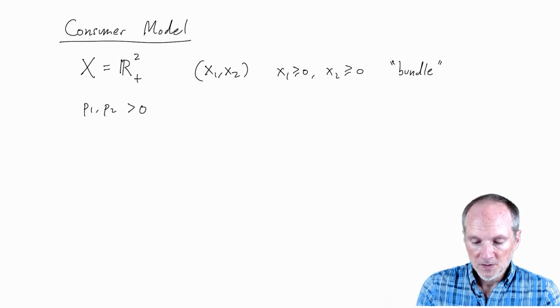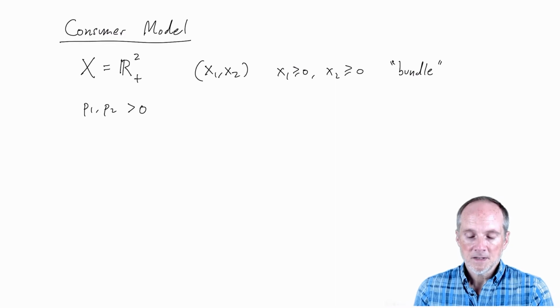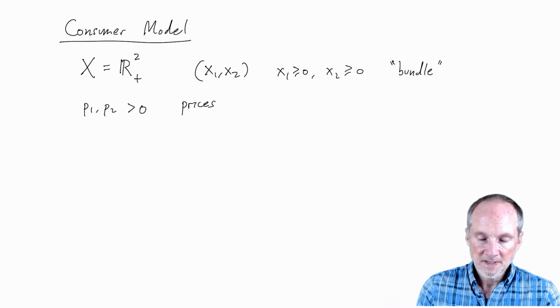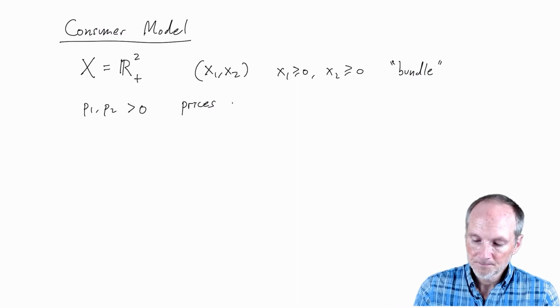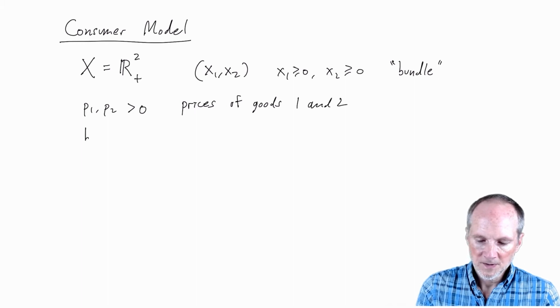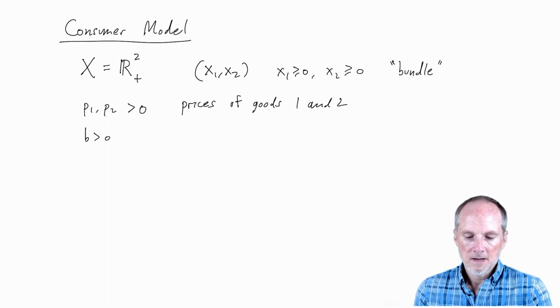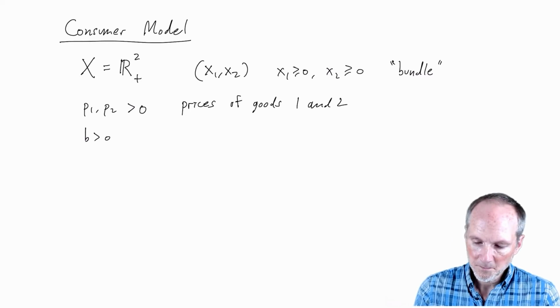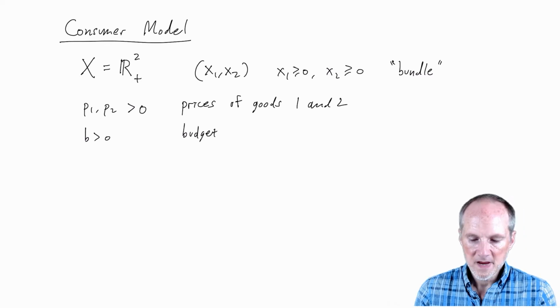Let's assume that those prices are both strictly positive, and again, those are just going to be taken as given by the consumer. And we will assume a non-negative budget that the consumer has to spend: B greater than 0.